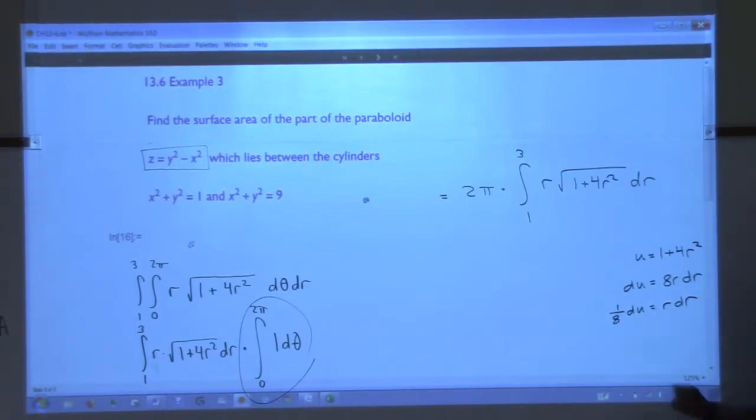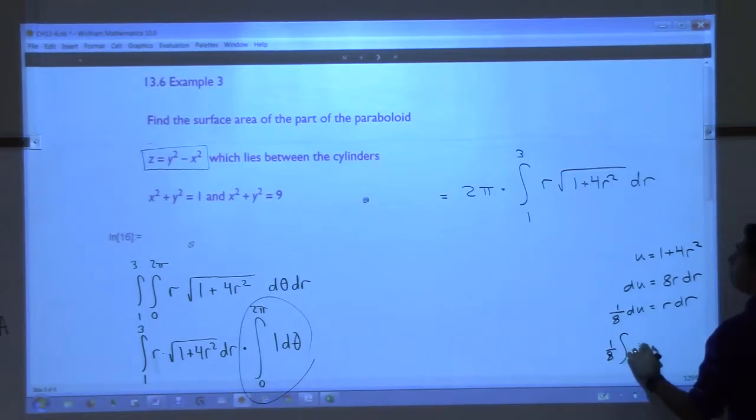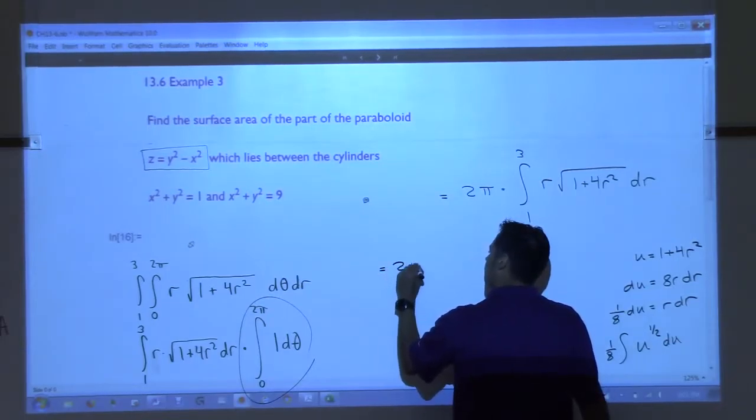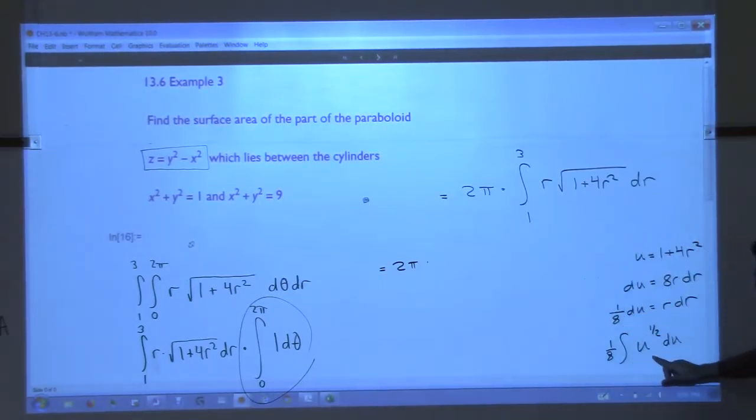So that integral up there rewritten becomes 1/8, I lost myself, u to the half du. Then the antiderivative, do y'all understand? I'm expecting you could do this, but I'm kind of showing some of it here. This is going to be 2 pi. The antiderivative of this is going to be 2/3, right? 2/3, 1/12, thank you, 1/12.